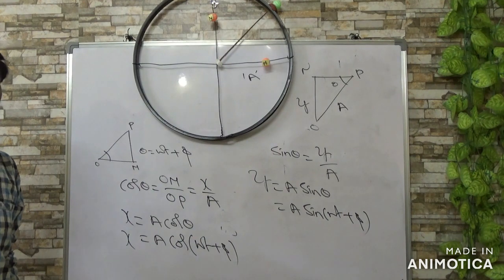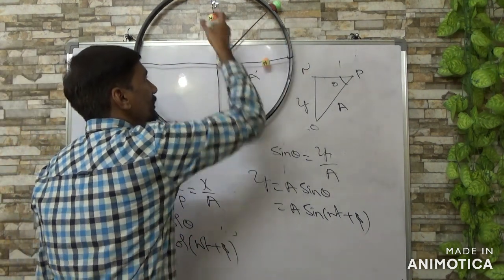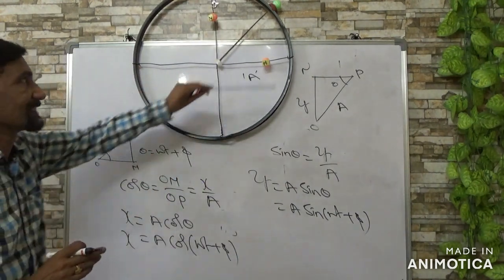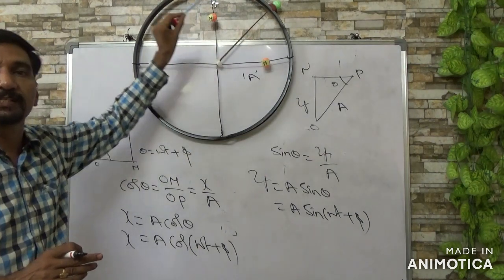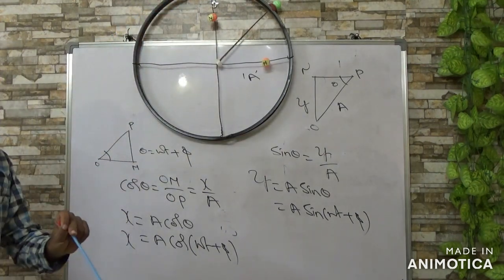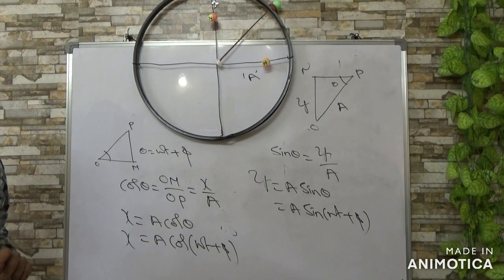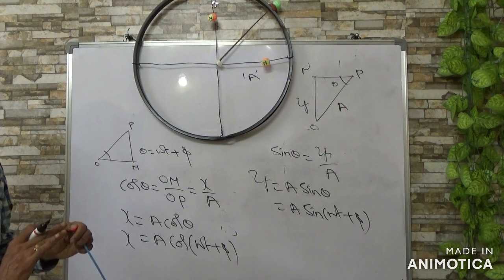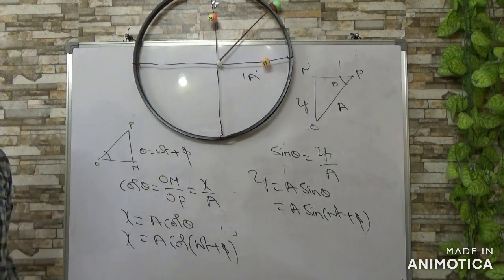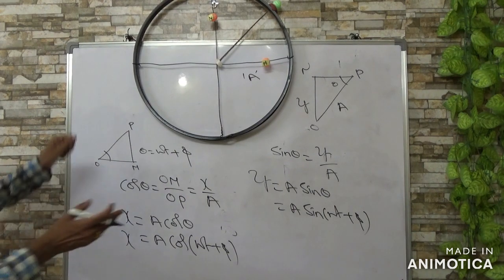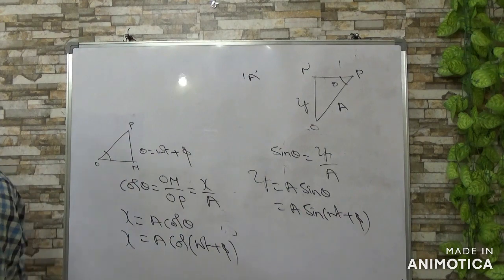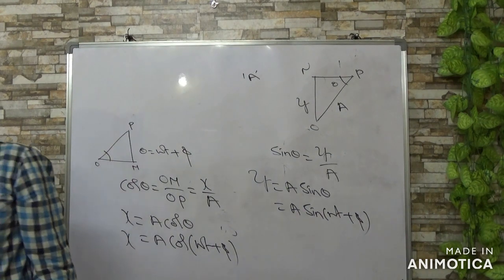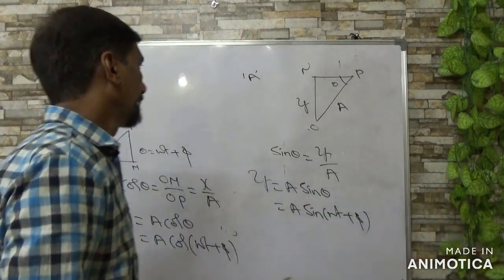In order to know the displacement of the particle when it is projected along x or y, we are taking this reference circle. So what is the purpose of this reference circle? It is mainly useful to find the displacement of a particle when it is executing SHM. Now we are going to know the velocity, acceleration and energy of a particle when it executes SHM.